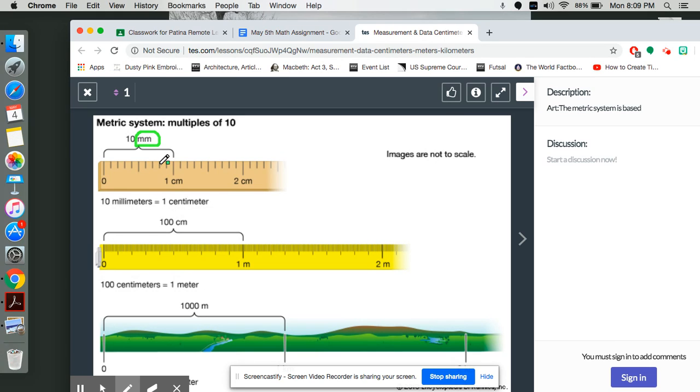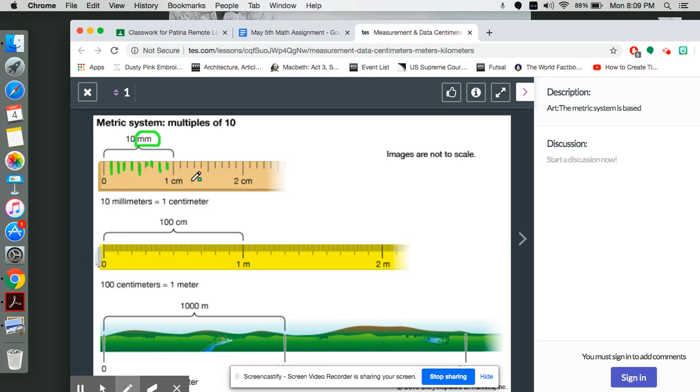Anything with milli means really, really, really, really small. So if you look at a meter stick, these lines like this, these are all millimeters. So if you think about like the distance from your house to McDonald's, how many millimeters are going to be in that? There's going to be a ton because there's lots of little tiny tick marks to show.